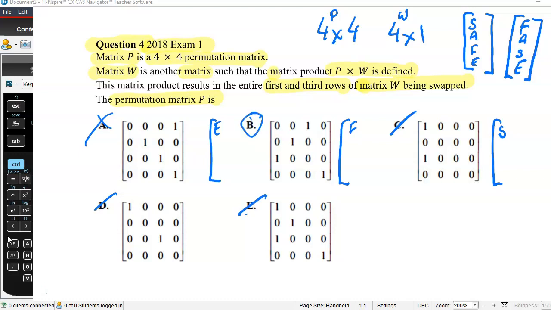And just to double check, you can see that turns on that second letter. We don't want it. We're only swapping the first and the third rows. And we can see here in the third row, we're turning on that first letter, which was S. And in our fourth row, we're turning on the fourth letter.